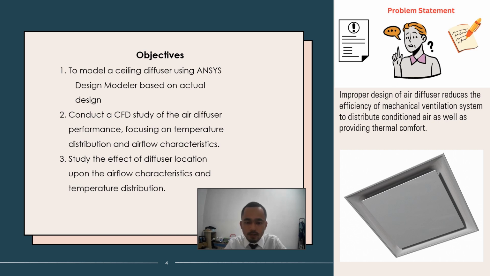For first try, the diffuser will be located in the center of the room, and then I will be changing the location, maybe on the corner of the room, on the side of the room, and then we will see how the location will affect the airflow characteristic and temperature distribution.